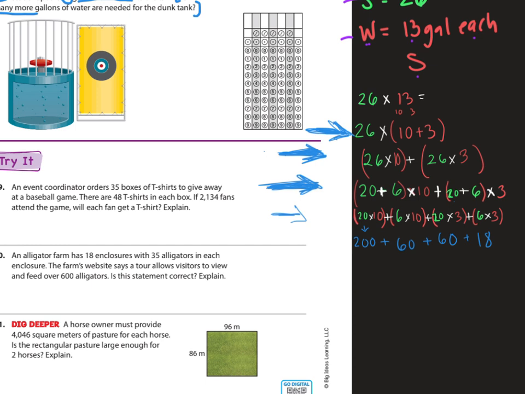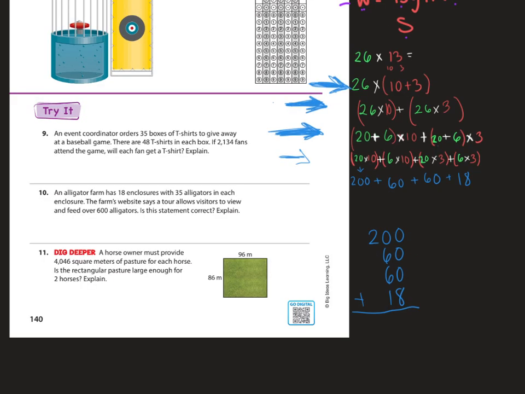Now I need to add all of that together. I like to write my addition problems vertically, place value by place value, so that I don't make silly mistakes. Therefore, 26 times 13 equals 338.